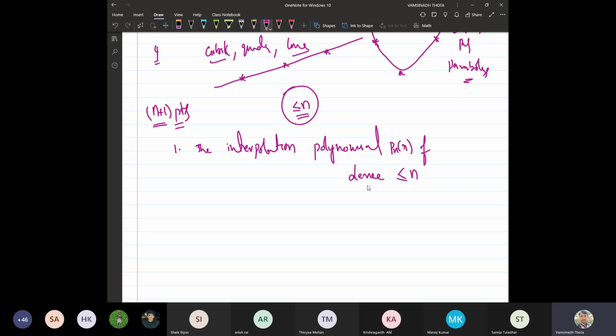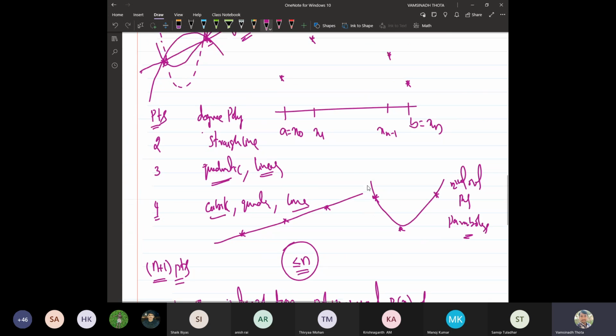Suppose 2 points are there, we will go for the straight line, linear approximation. If 3 points are there, we go for the quadratic approximation or the linear approximation. That depends on the position. Okay. And the next thing.